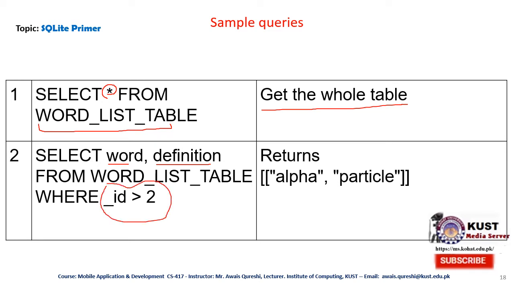We have used the condition with the help of this logical operator, and it returns alpha and particle as a result set. Two words, word and definition, alpha and particle, from this table.